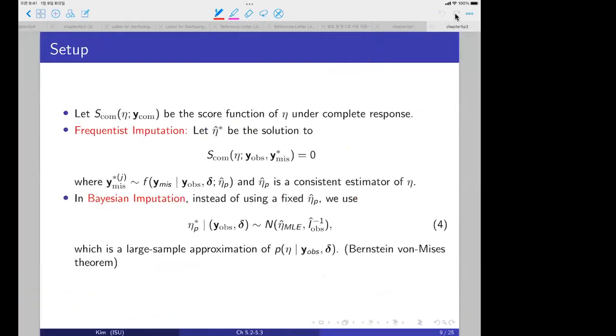So let's investigate now. Let S be the score function of eta on the complete response.